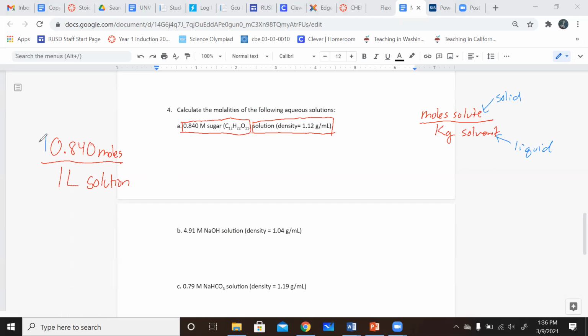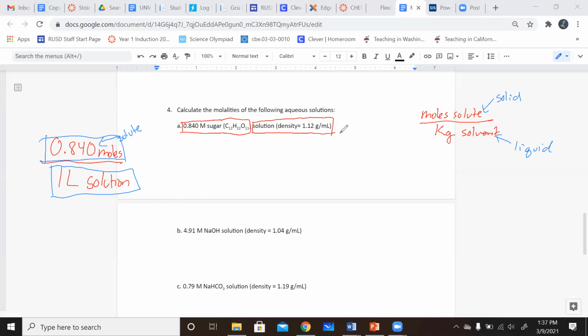We know how many moles of solid because this tells us right here in the numerator. But this is liters of solution in total. And that's different than the amount of the liquid part. So we have to do a little bit of converting. But I'm going to write a note to myself that says, this is how many moles of solute I have. That's what this number is. Okay? But let's take this 1 liter of solution and let's do a little bit of converting to figure out how many grams of solvent are present.